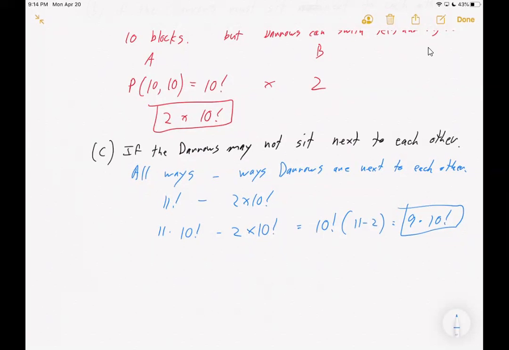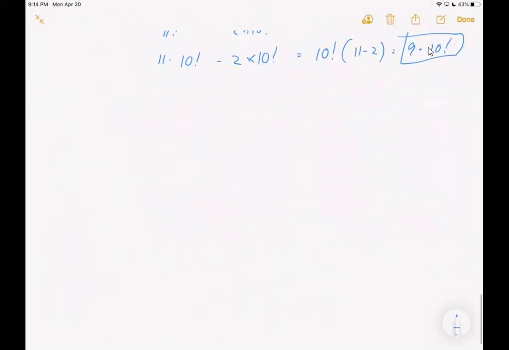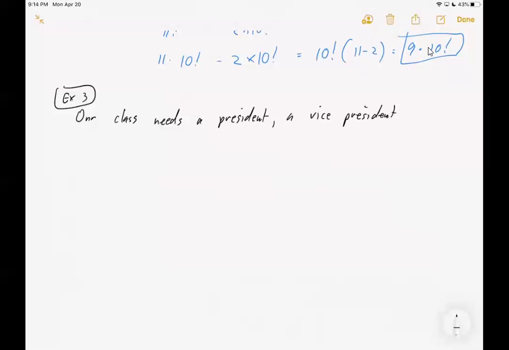Now let's just throw in one more problem with our class. So this is example 3. Our class needs a president, a vice president, and a pair of treasurers.